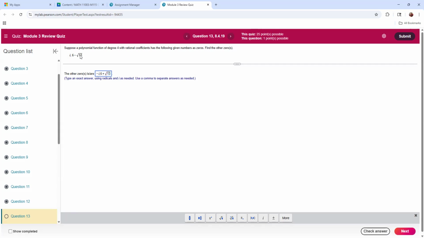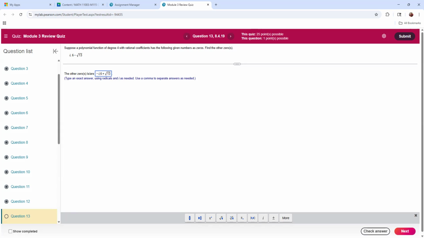So this one was just knowing that these kind of zeros came in conjugate pairs. I and negative I, 6 minus square root of 13, 6 plus square root of 13. Remember, you don't change the sign of the 6, only the radical part, okay?